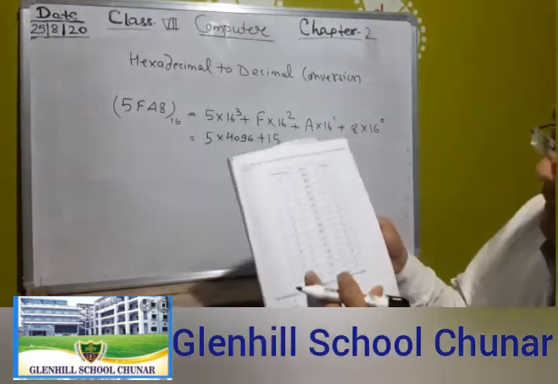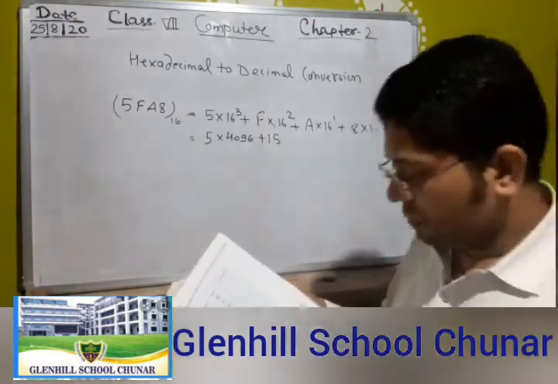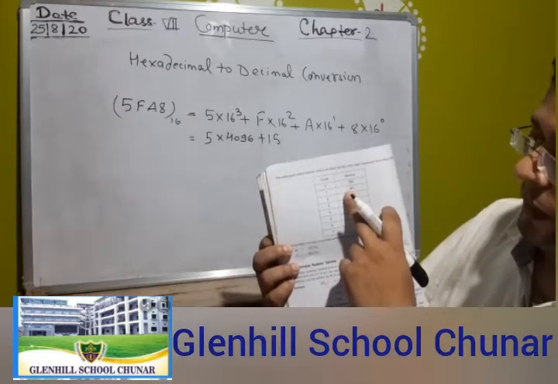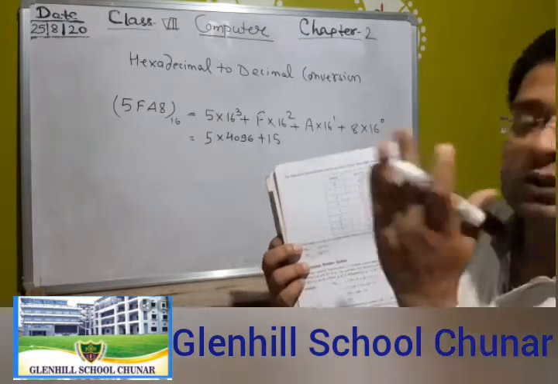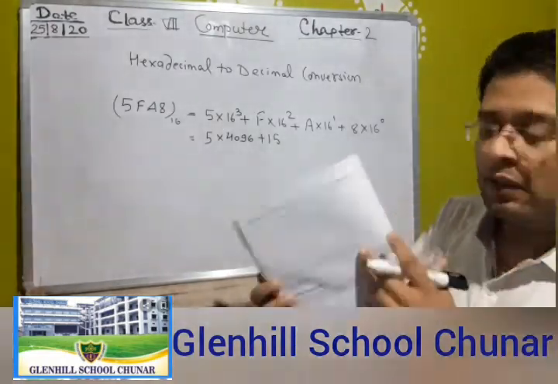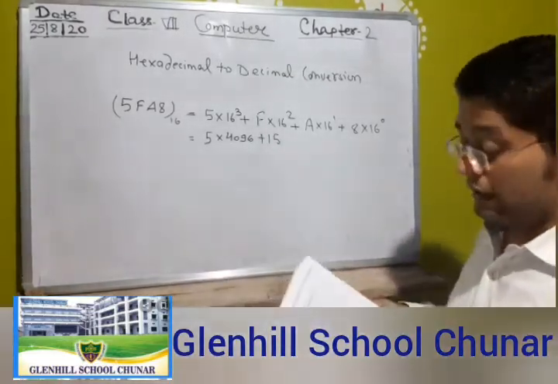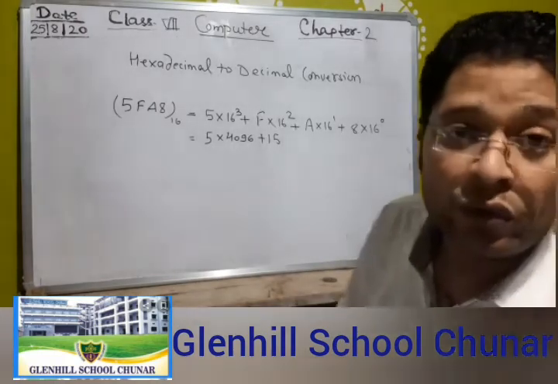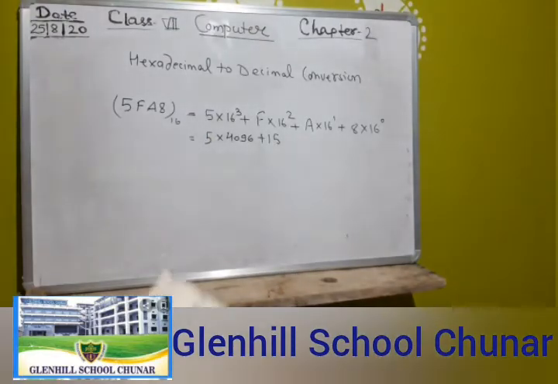And suppose G would be 16. Here is the octal to binary table, 0 0 0, 0 0 1 and so on. Please learn that octal to binary table and the hexadecimal table. These two tables are important for you.